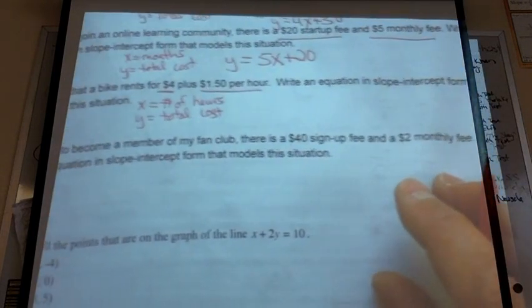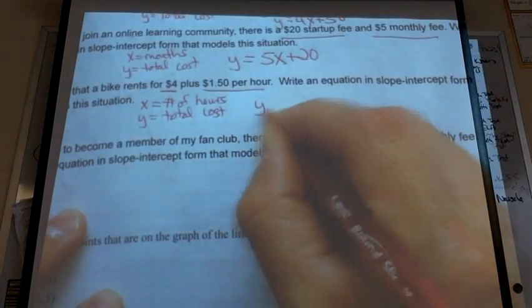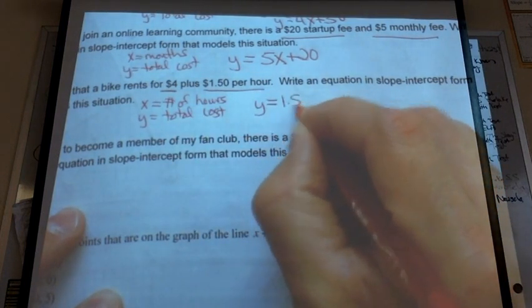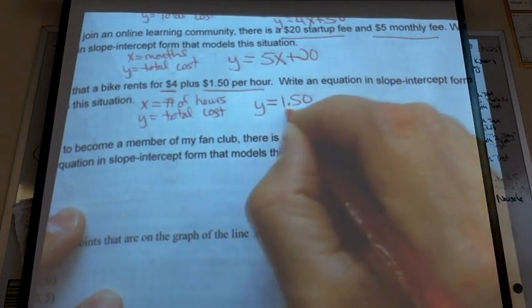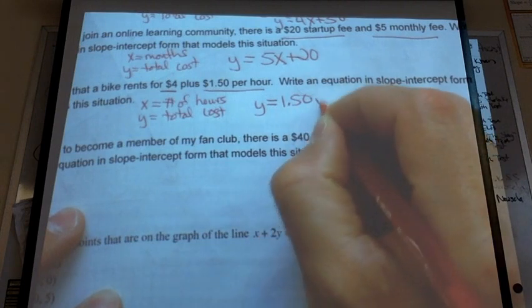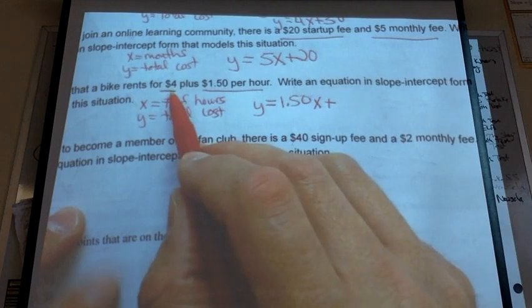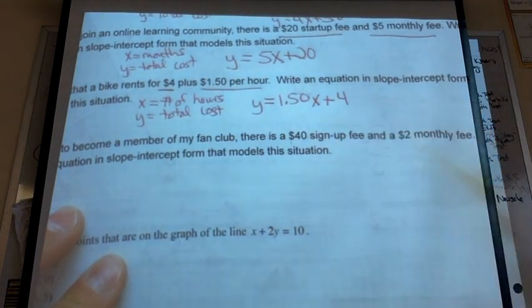So if we're writing this out, our total cost would be how much per hour? $1.50 an hour. So we write that as $1.50 times x. And then we have this automatic $4 charge, plus 4.